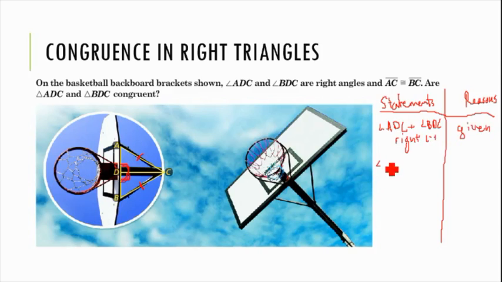So angle ADC is congruent to angle BDC, both right angles. That's our reason. And then also given is that AC is congruent to BC.